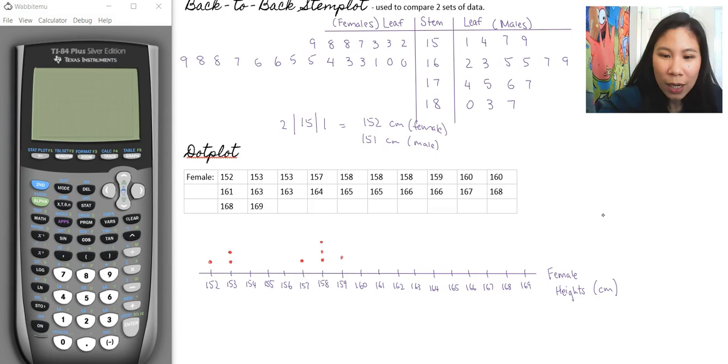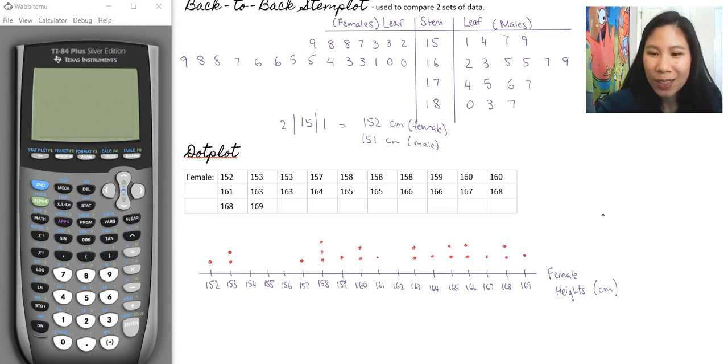Then 159 I have a dot. There are 2 160s, so 2 dots above 160, 161, 2 dots above 163, 164, 2 dots above 165, and 2 dots above 166, 167, 168, there's 2 of them, and then 169 was our last number. So that's our dot plot right there.